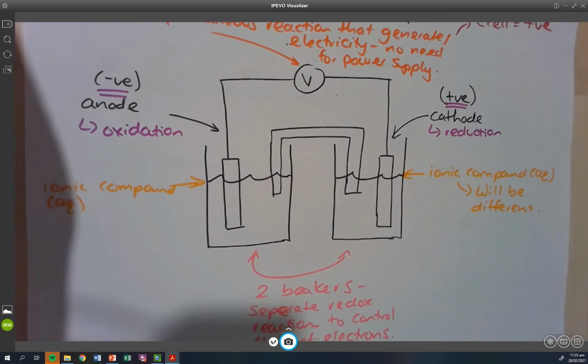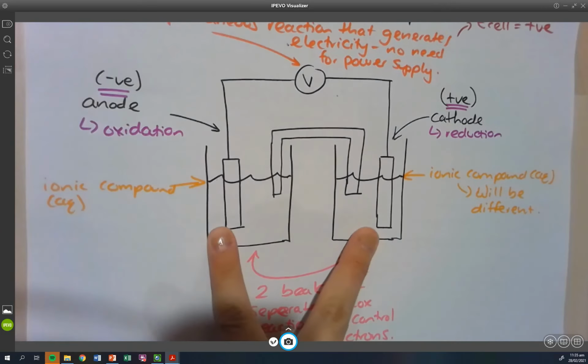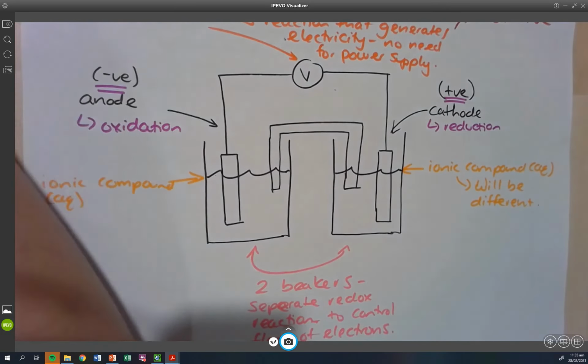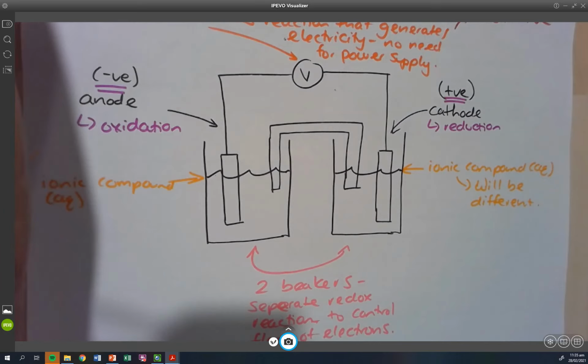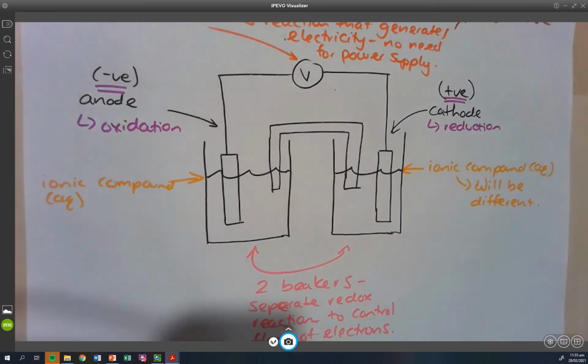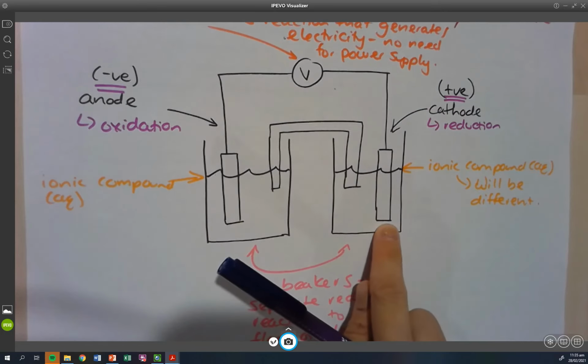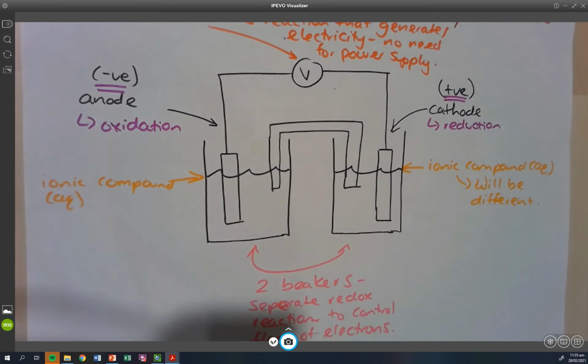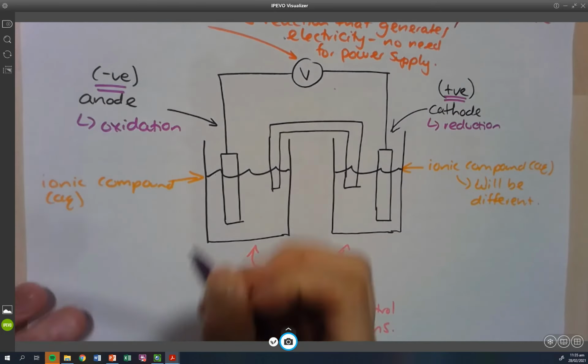The other thing to note are the electrodes. Basically you have two choices with those. These electrodes will often be made up of different metals, or they'll both be the same.